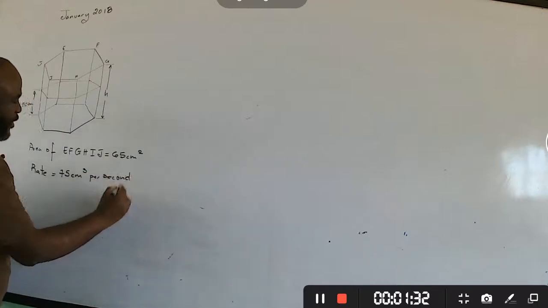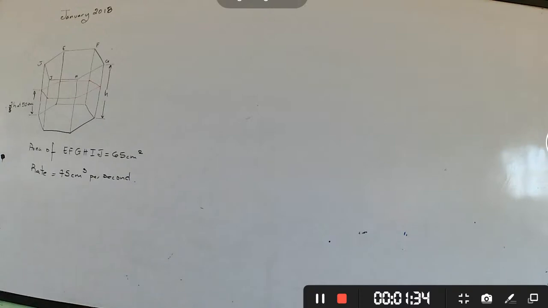Can anybody tell me what that means? Every second, 75 centimeters cube of water goes into the tank.